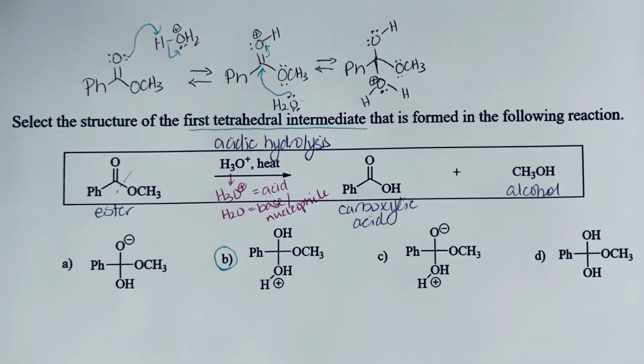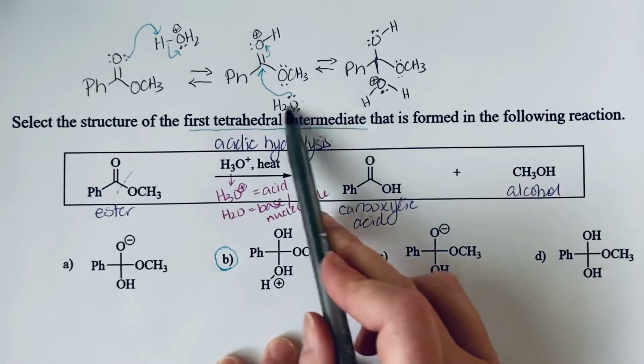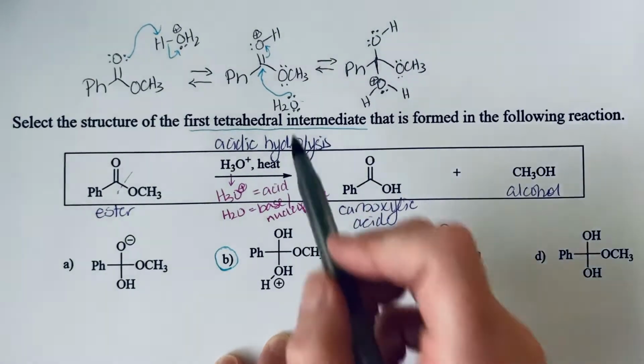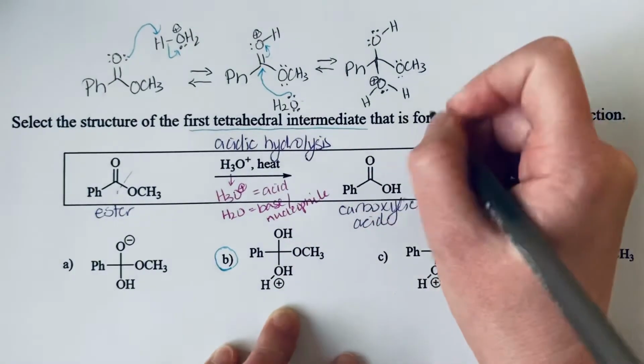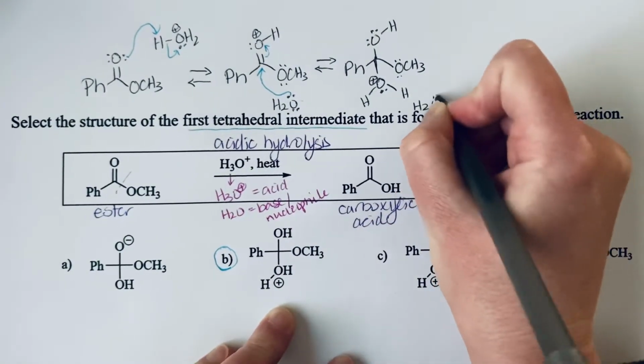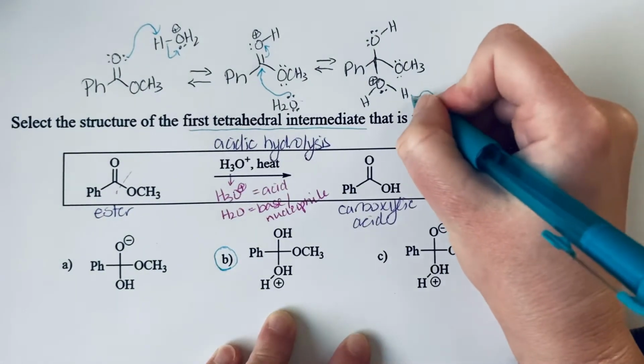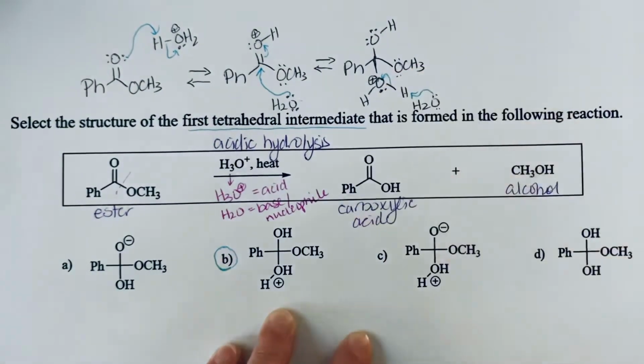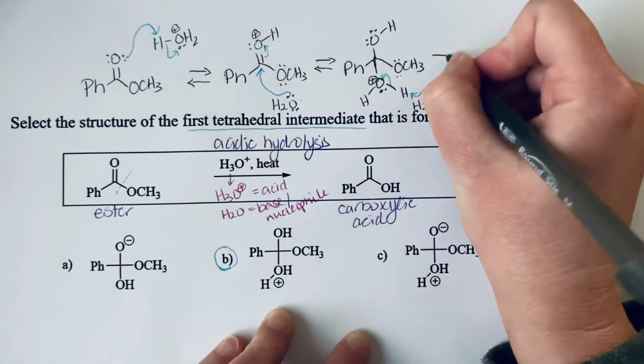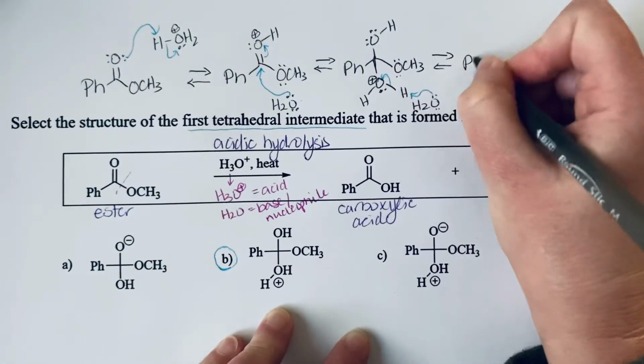I'm going to go ahead and finish the mechanism just so we have it. The next thing that's going to happen, remember we said we can see water appear more than once, is water is going to remove a proton to give us a neutral tetrahedral intermediate. So if you were asked about a neutral tetrahedral intermediate, the next one is the one that you would want to draw.